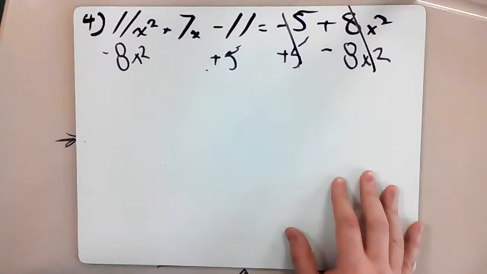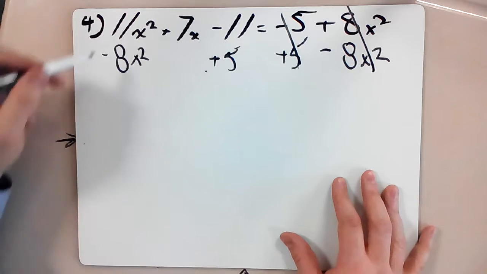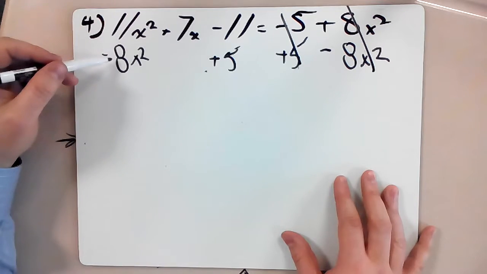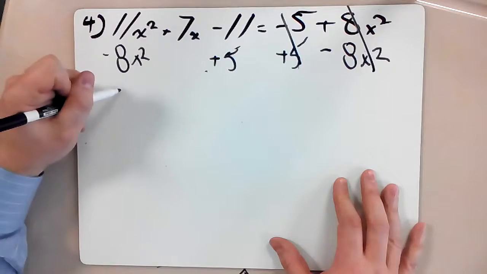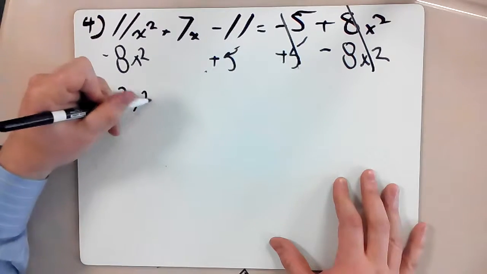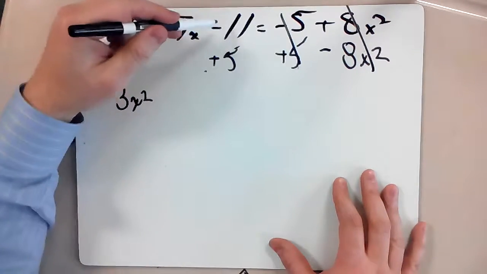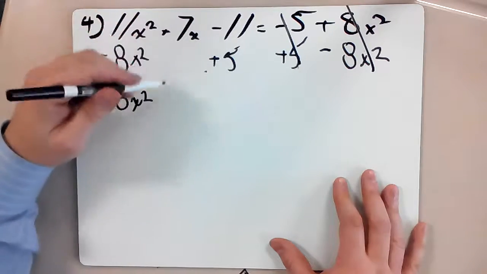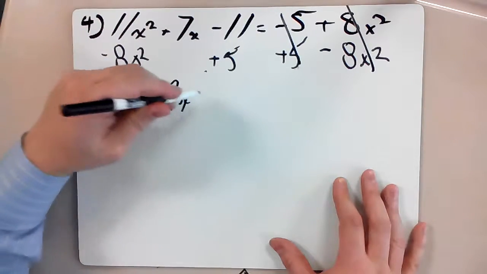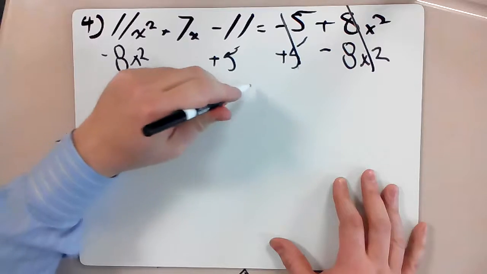So those are going to cross out. Now 11 minus 8 is 3x squared. Then negative 11 plus 5 is negative 6. So 3x squared plus 7x minus 6 equals 0.